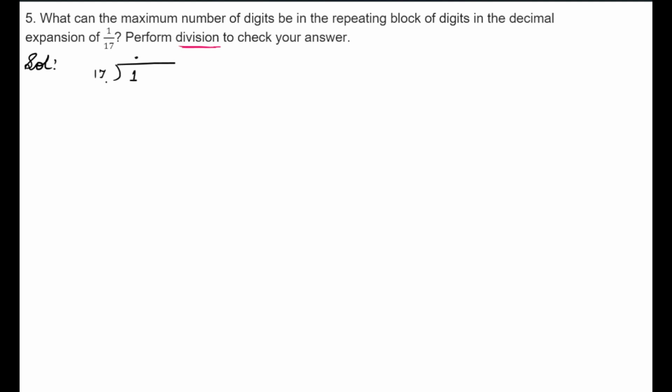So it is 0, just put a 0, another 0, right? And then it is 5 times 85 minus 15, add a 0. So it is 8 times 136. On subtracting, you get here 14, add a 0. So it is now 140.